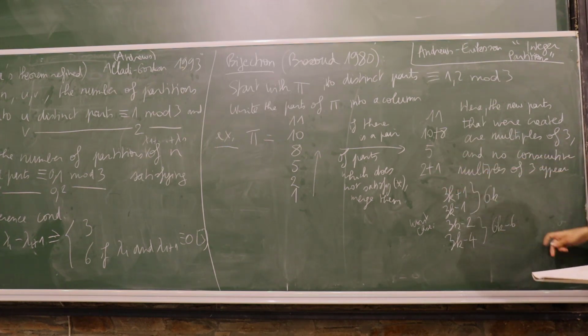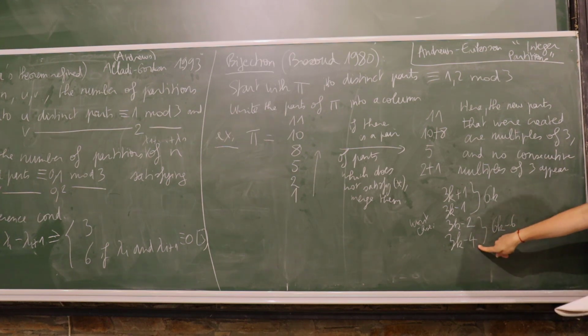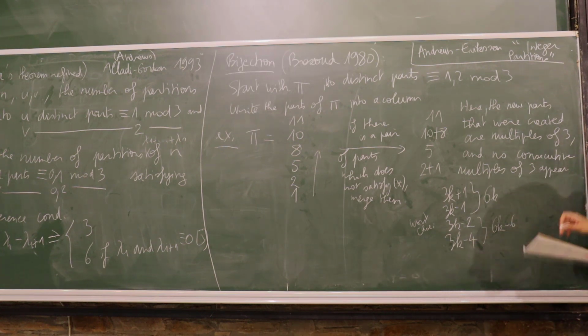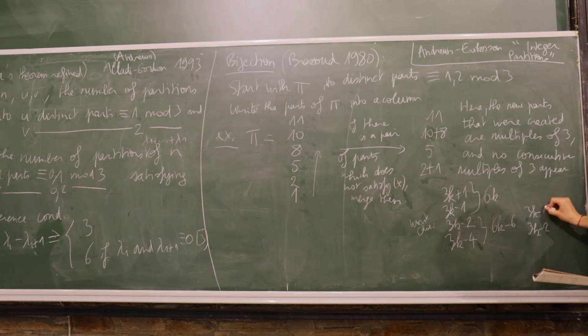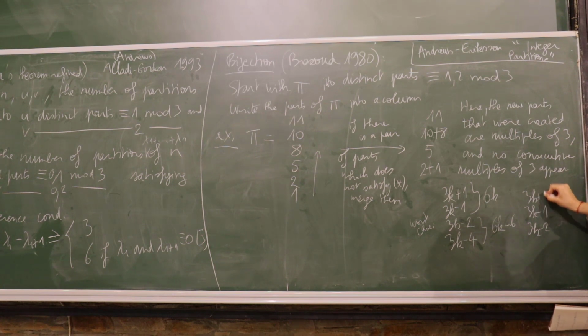And there is another possible worst case where you start with something congruent to 1 modulo 3. So you could have also 3k minus 2 followed by 3k minus 1, then 3k plus 1, then 3k plus 2.